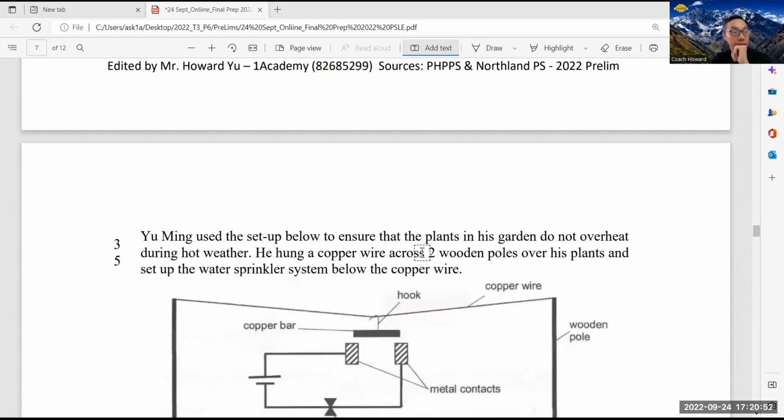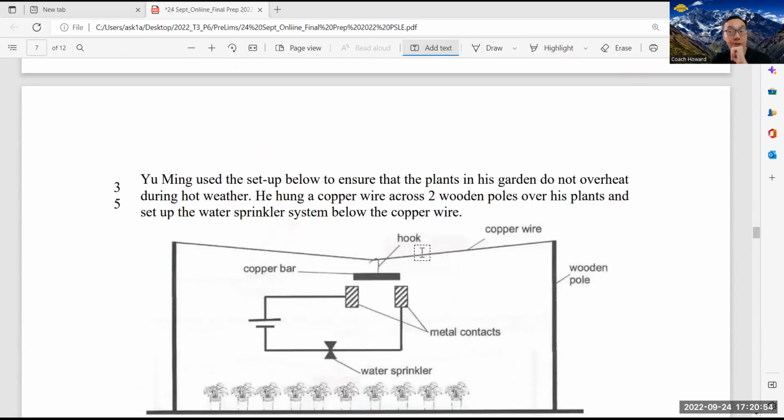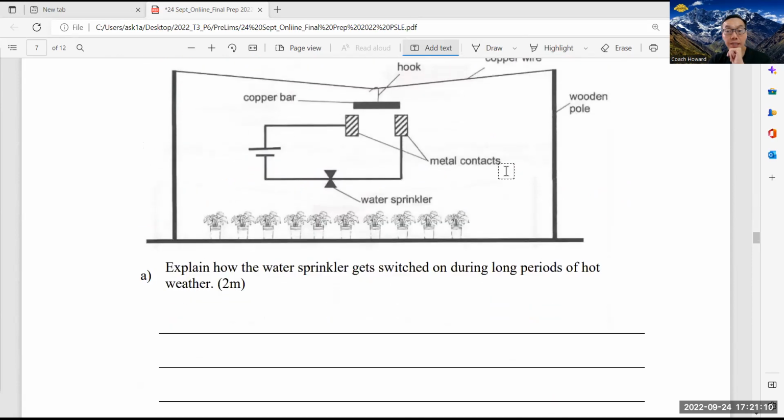Okay, this question. For those students who have a copy of my book, you will notice this question, the diagram is very familiar, right? Those of you who have my book. I like to draw your attention to this part.